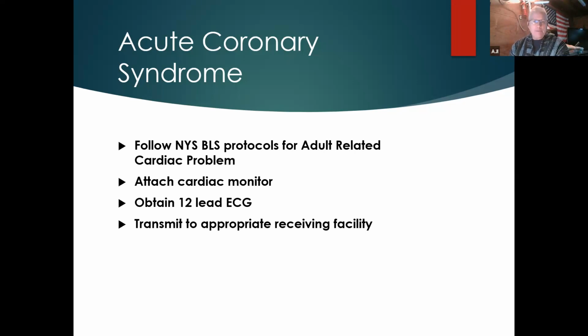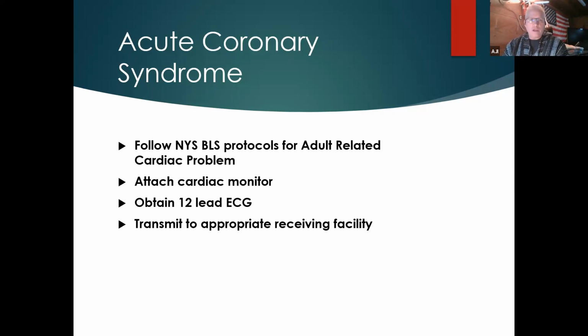There's also apps for that. We follow the Muru app in New York State, which our region falls underneath. Under that Muru app, once you have your credentials entered, you will be able to have access to anything. All you have to do is put in what the patient's problem is, acute coronary syndrome, and it'll bring up the protocol and everything you can do on that level up to a certain point.